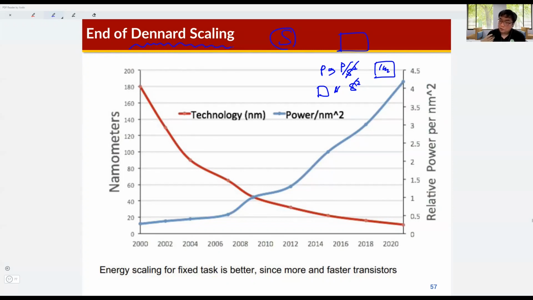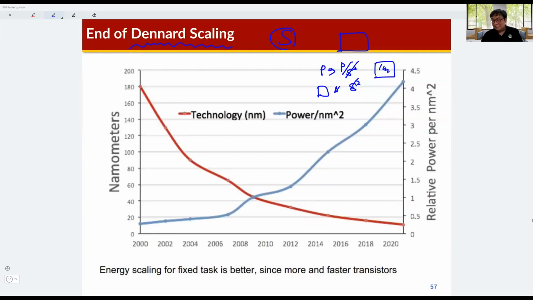So we need to develop new ideas to increase the performance of a CPU without increasing the running cost of the CPU. That means the power consumption. Okay.